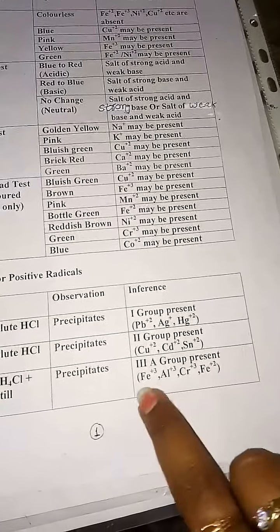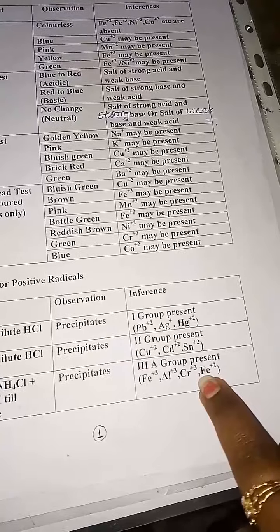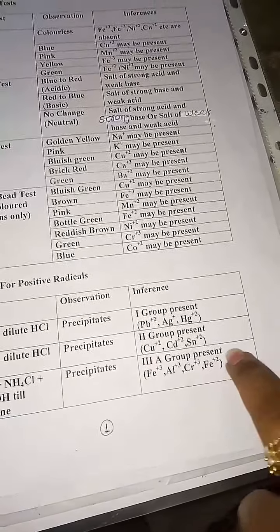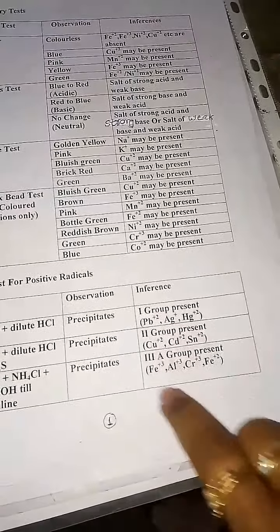So it might be Fe+3, Al+3, Cr+3 or Fe+2. One of them, one positive radical, is present in your solution. So in your wet test for positive radical, you get that group 3A is present.